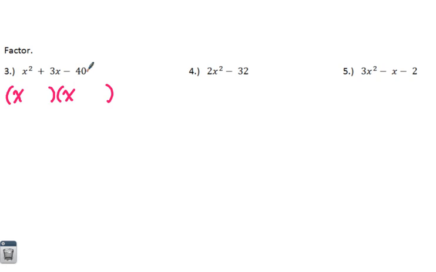And to do that, as a review, you want to think about the two numbers that multiply to get negative 40, but they also add up to positive 3. Two numbers that multiply to get negative 40, but they add up to positive 3. The fact that it's a negative 40 definitely matters, and the fact that it's a positive 3 definitely matters.